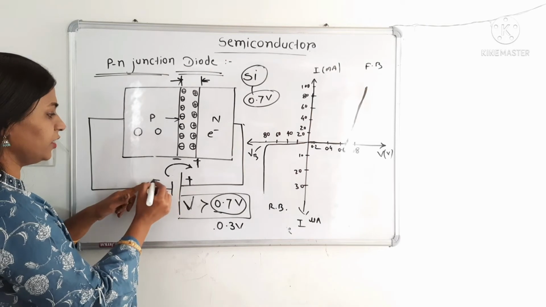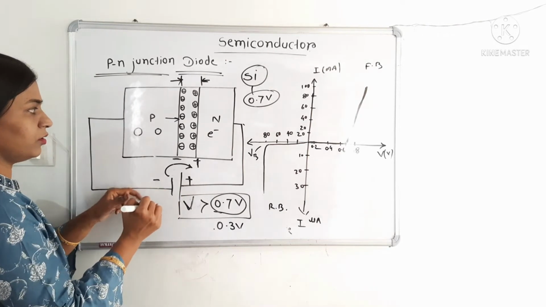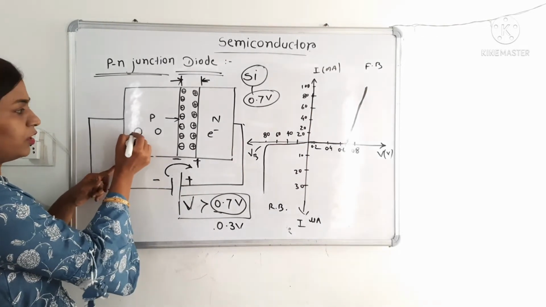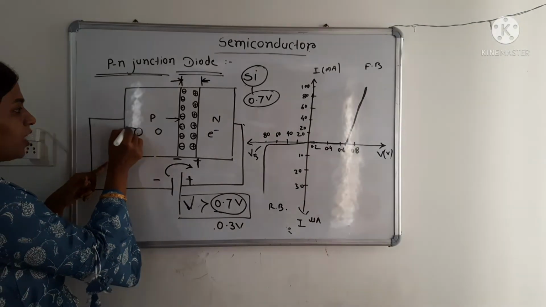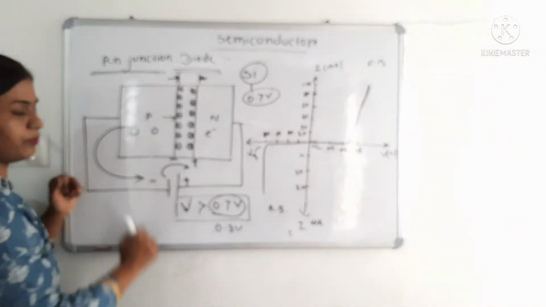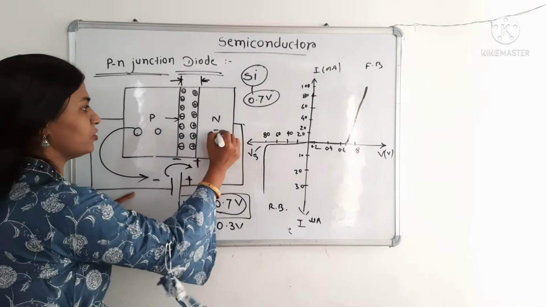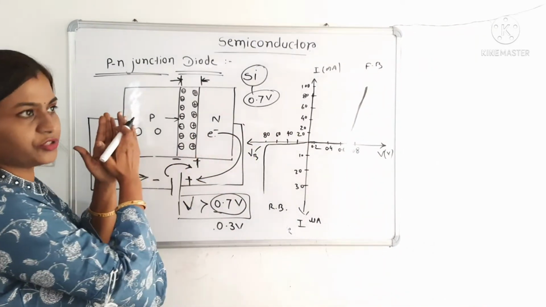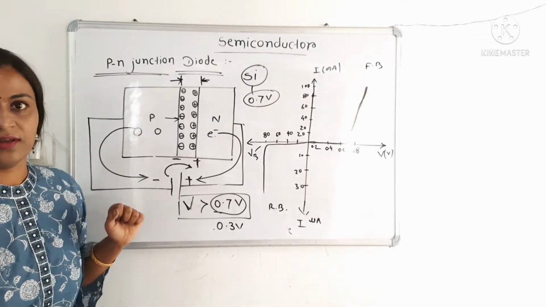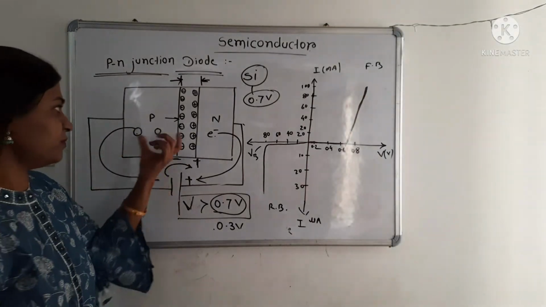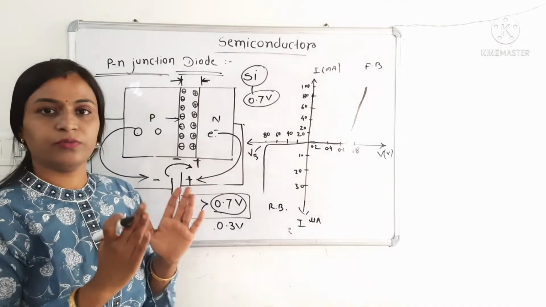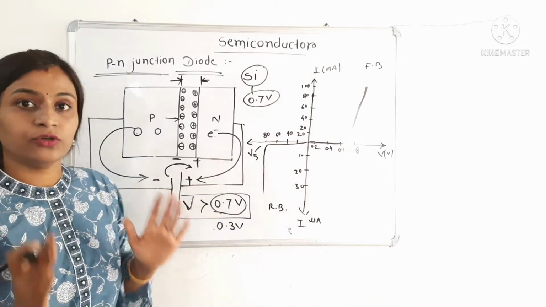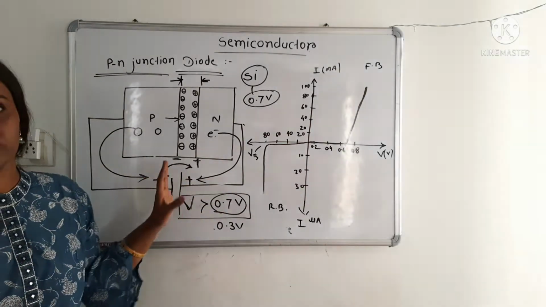Here we are giving negative, these holes are positive, these holes move towards the negative terminal and these electrons move towards the positive terminal. This depletion region width increases. In reverse bias, the width of depletion region increases, due to which there is no conduction of current.